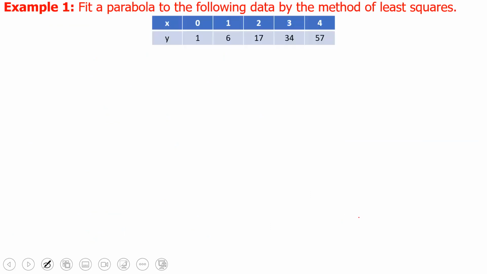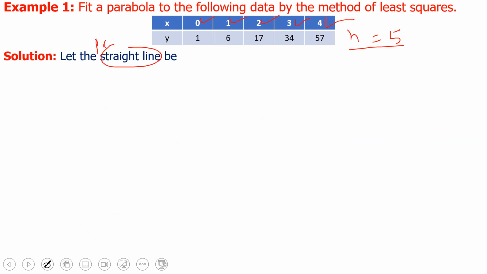Fit a parabola to the following data by the method of least squares. Again, we are given the values of x: 1, 2, 3, 4, 5. So what is the value of n over here? n equal to 5. And the corresponding values of y are also given. It is not a straight line, it is a parabola.